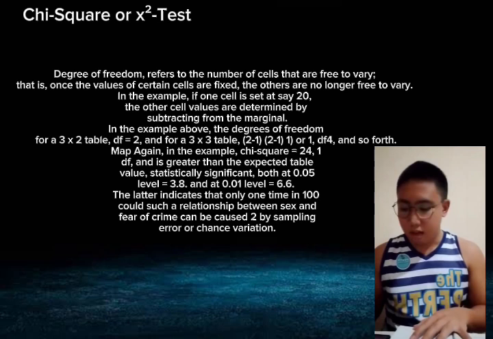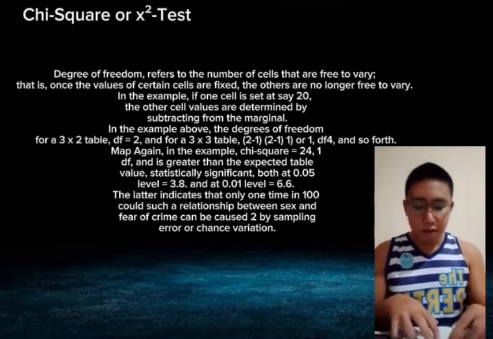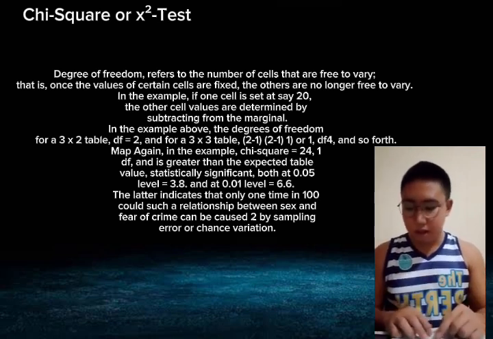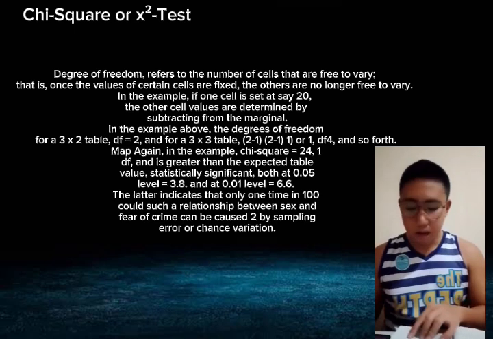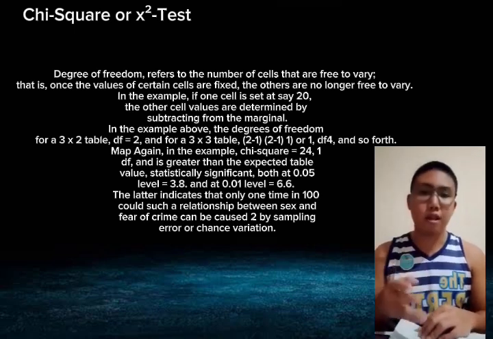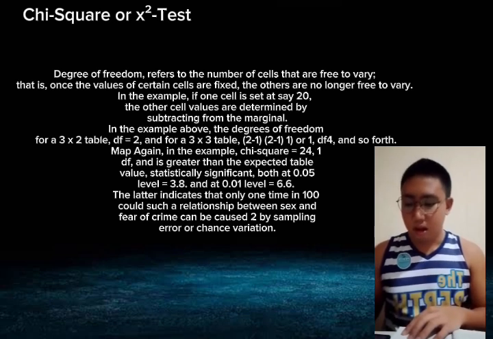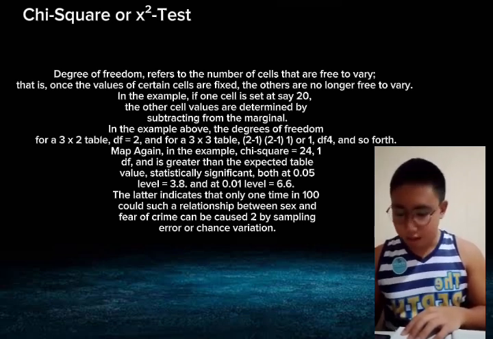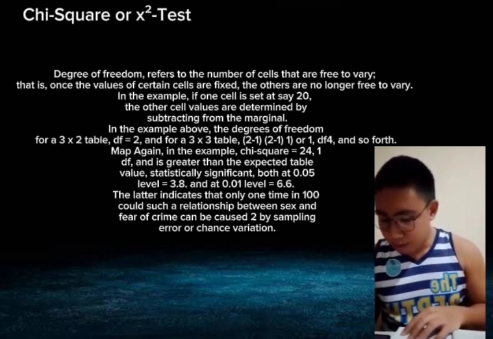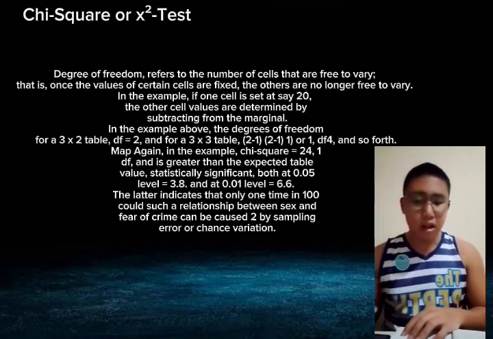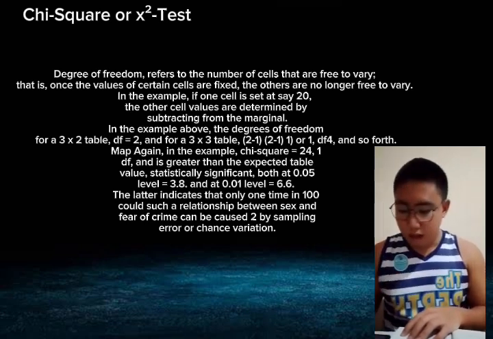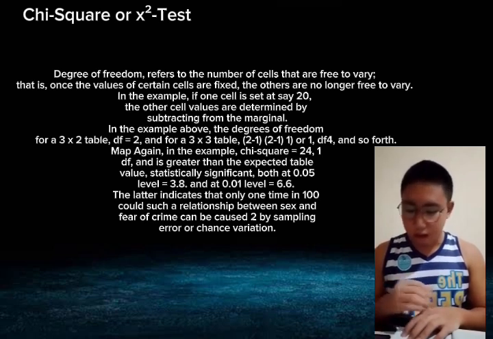So when we say degree of freedom, this is actually the number of cells here in table 12 that we used. These are the number of cells that are free to vary. When we say free to vary, it only means that it is free to be compared from other cells. That is, once the value of certain cells are fixed, the others are no longer free to vary. So once the other cells are fixed, the other cells cannot be varied.